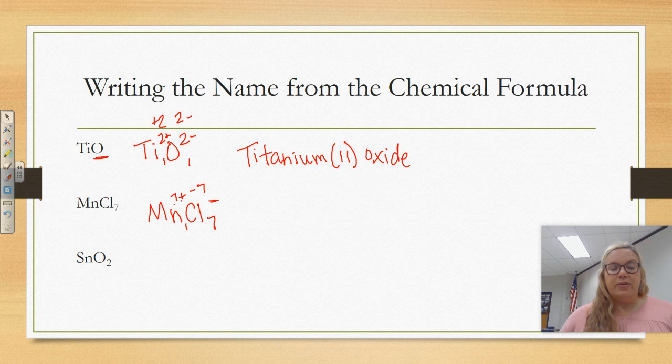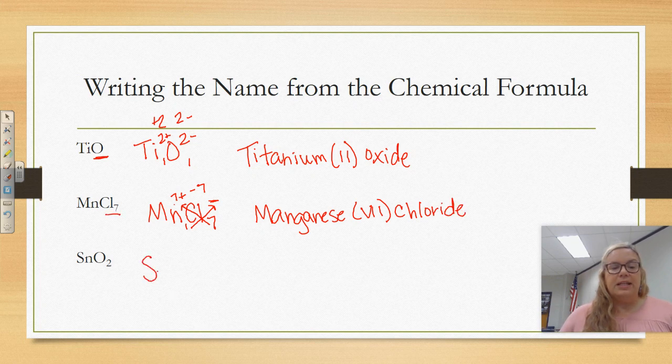So that 7, if you look, you can kind of backwards crisscross. See how I kind of backwards crisscross there to determine that charge? And that is legit. There is such a thing as manganese 7, which manganese is funky. And I wanted to show you that funky so that you can see how that works. So that's chloride again, because it's just 1 element, Cl.